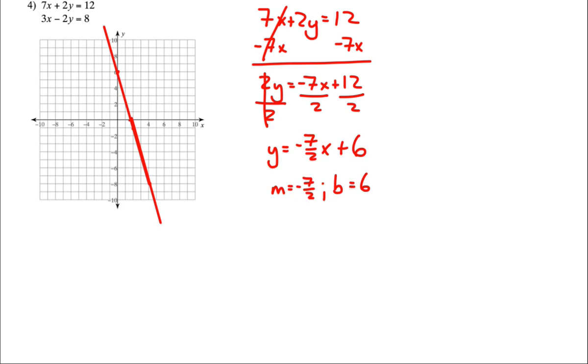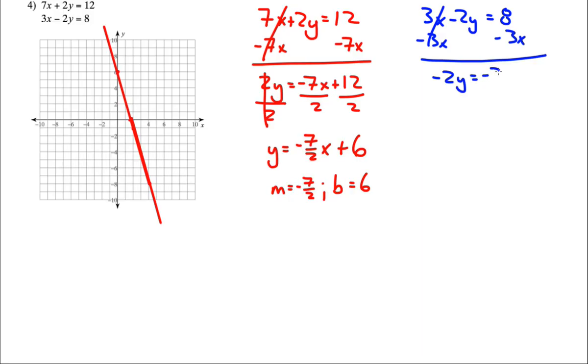Now I can do the same thing for the other equation, which I'll do in blue. So we've got the other equation is 3x minus 2y equals 8. I want to isolate my y, so I'm going to subtract 3x from both sides. Those cancel. And I'm left with negative 2y equals negative 3x plus 8.